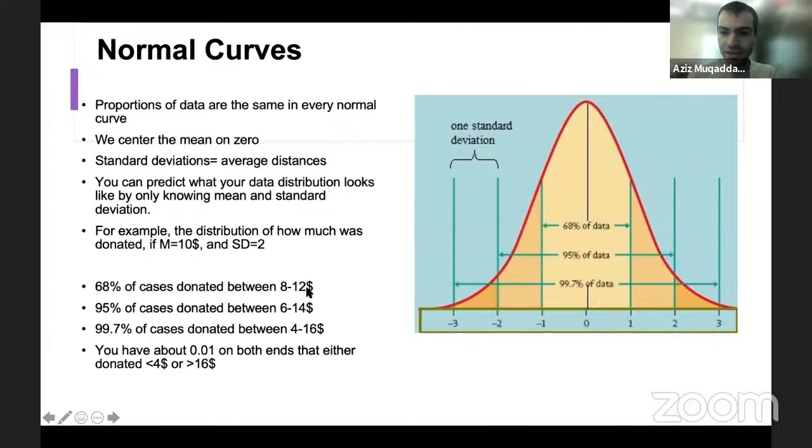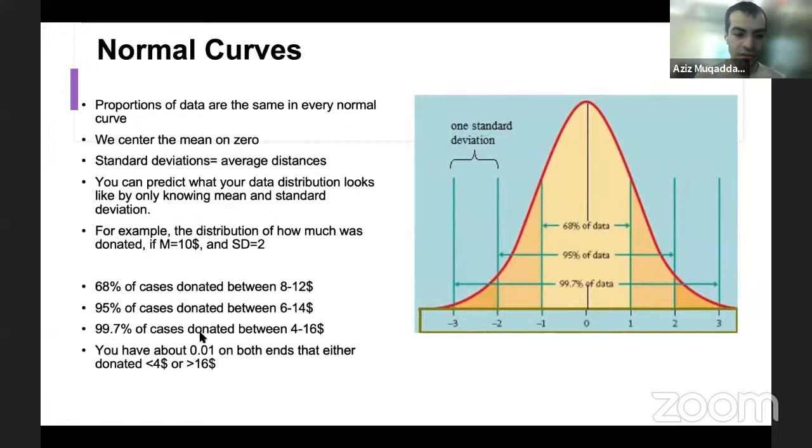One standard deviation is $2, so one standard deviation plus is $12 and one standard deviation minus is $8. 95% of the cases would be between $6 and $14, and 99.7% would donate between $4 and $16.